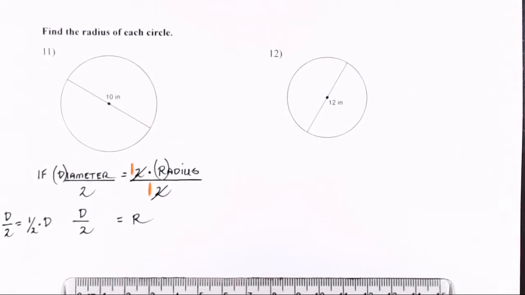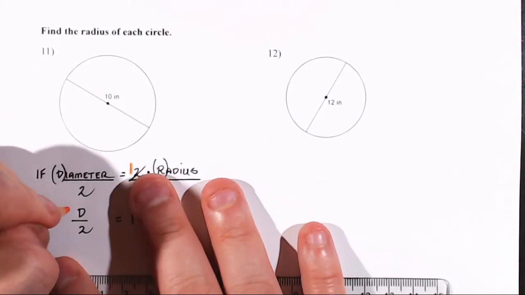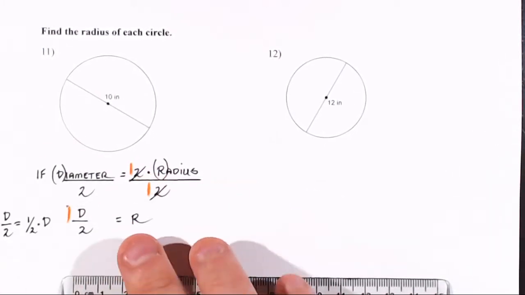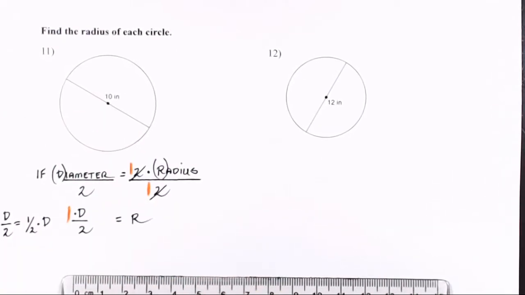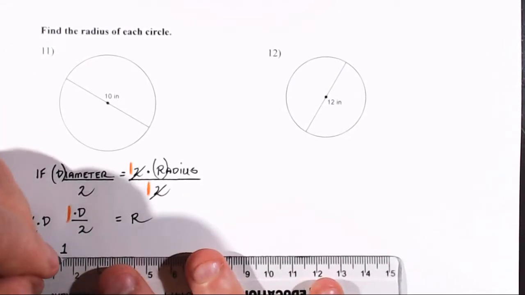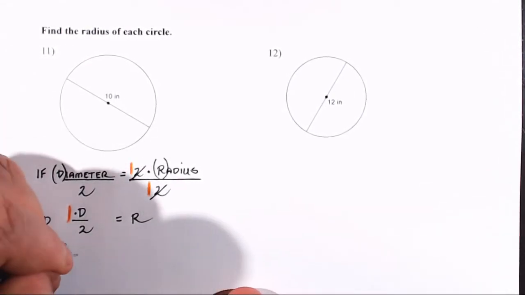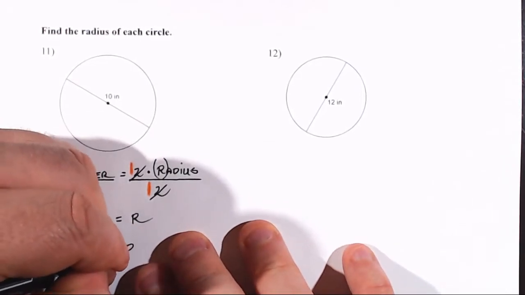Now, this is something else we'll practice a lot, but what I'm doing is I'm recognizing that there's actually a 1 in the numerator, okay, and it's being multiplied by d. So it's possible for me to rewrite this equation as 1/2 times d equals r.